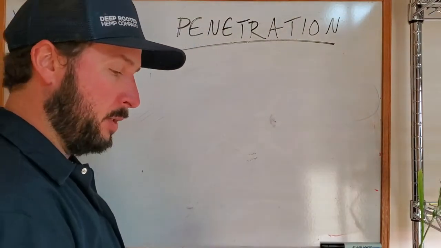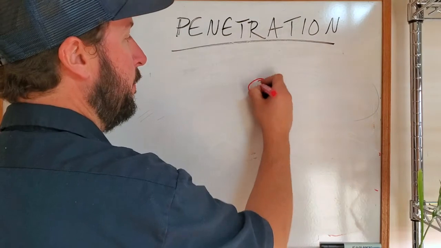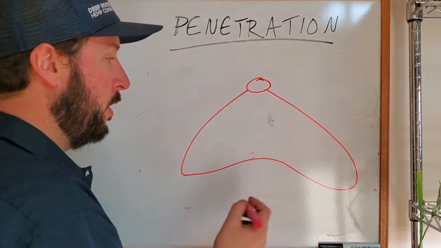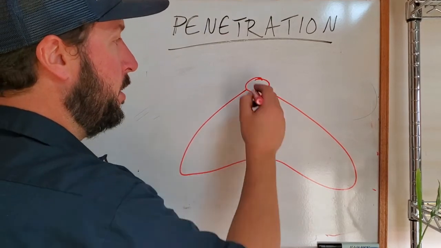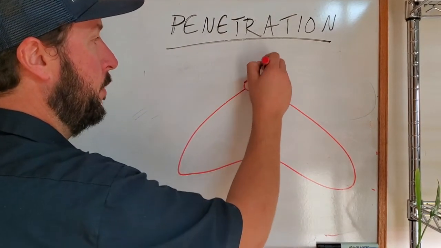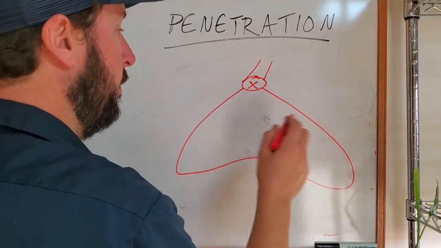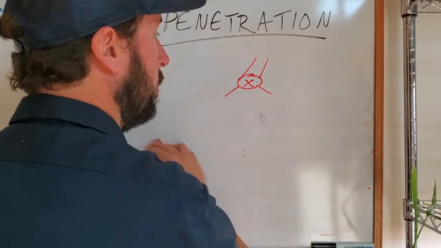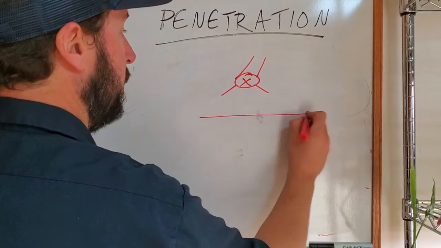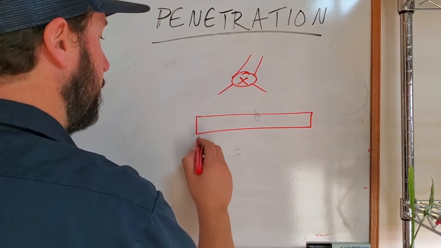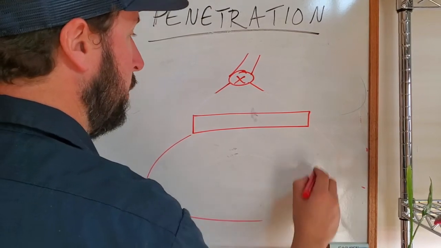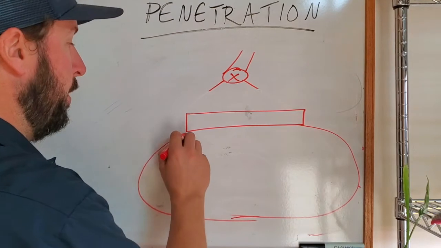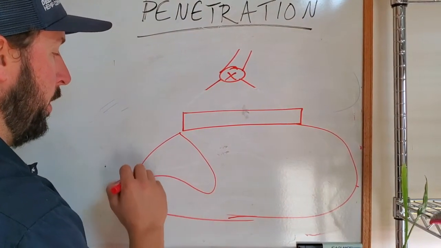And something else to consider, anybody who's claiming fancy optics like this batwing style throw, just remember that this is from the end of the fixture. When you look at it from the side angle, so this is your fancy fixture, it's still just going to have this big donut style throw, even though it's shaped like a batwing.